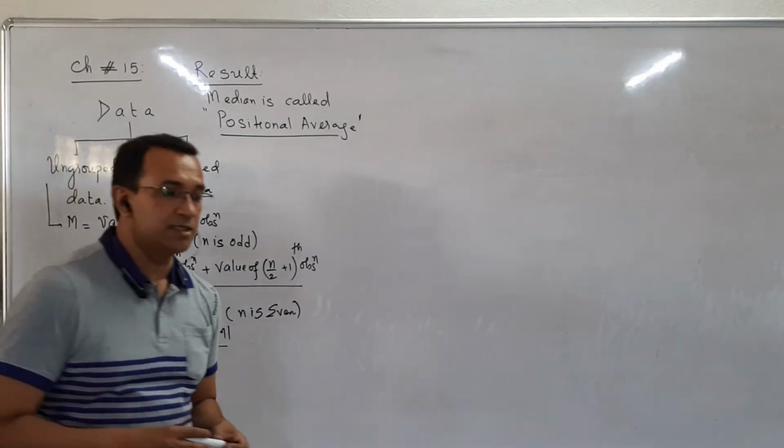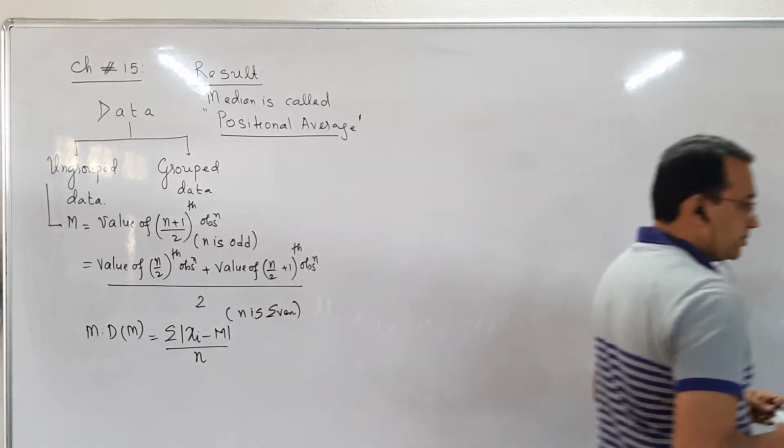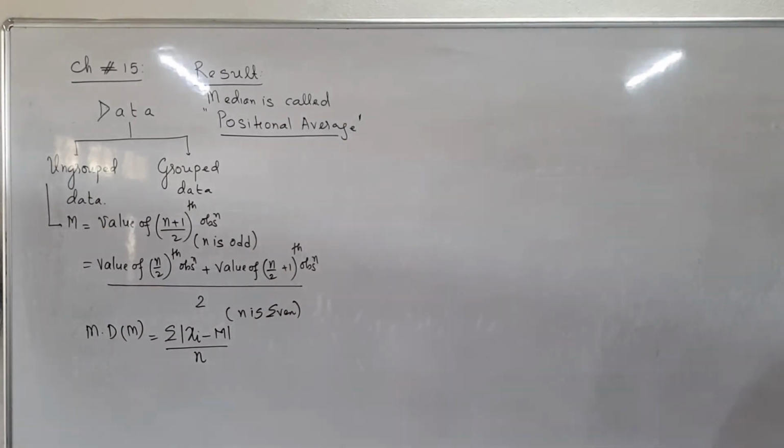Students, you have done this. Recall that basics once again. Whenever we have to find median, the observations are always arranged in ascending order. So before finding median, we have to arrange the observations in ascending order.